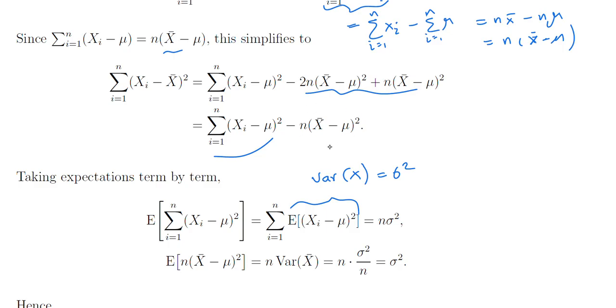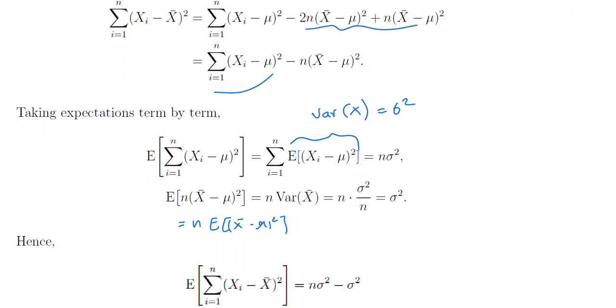So the next term, n times x bar minus mu squared. The expected value of n times x bar minus mu squared is the same as n times the expected value of x bar minus mu squared. And from the definition, this term is simply the variance of x bar.